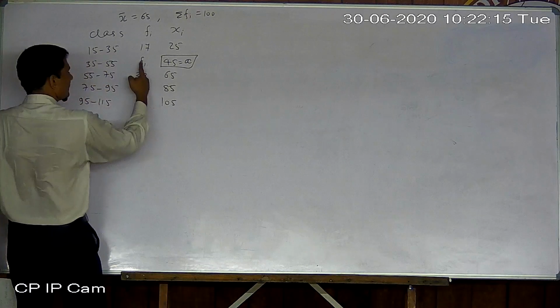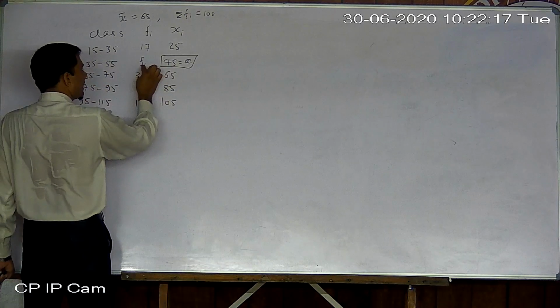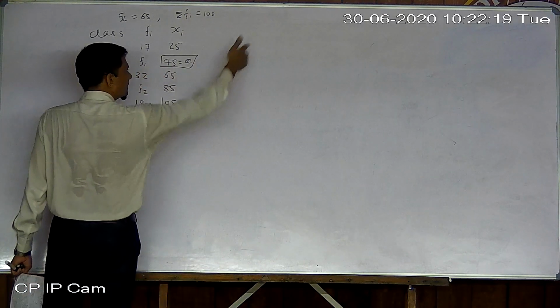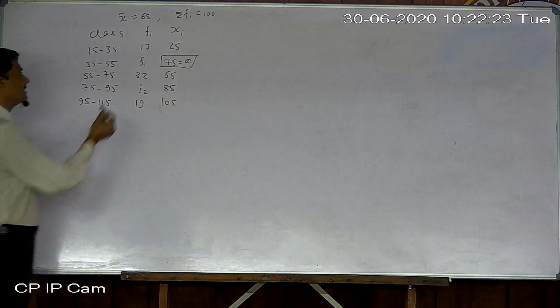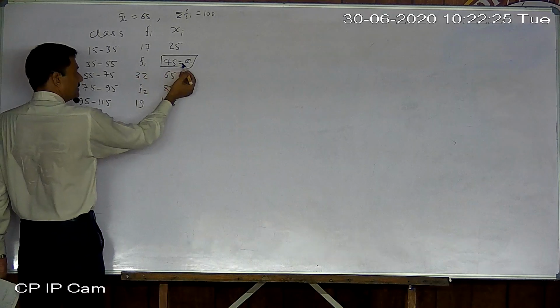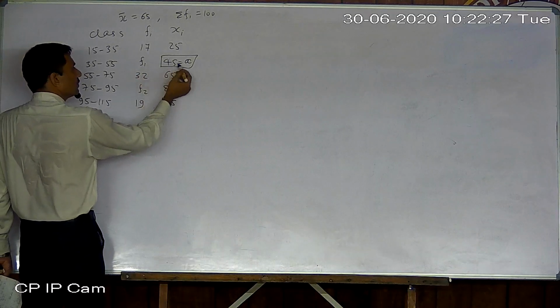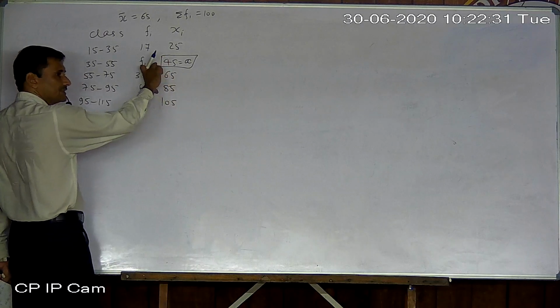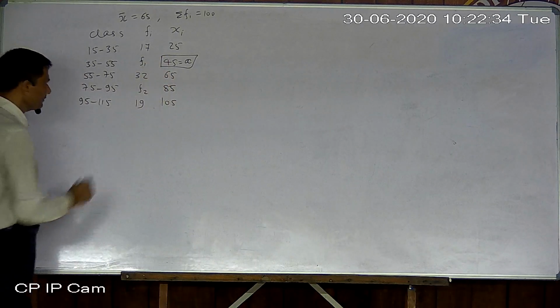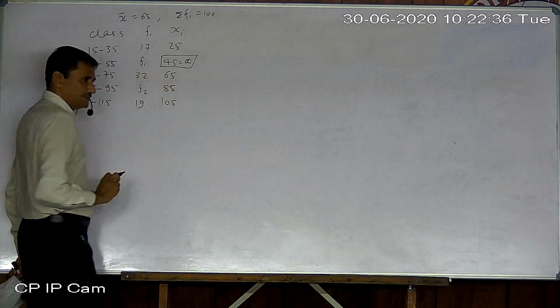That's why we first try to eliminate any one frequency in the sigma fi ui column. That is our purpose for assuming A in this row only. Otherwise, out of any one missing frequency row, anywhere, I always take the first.